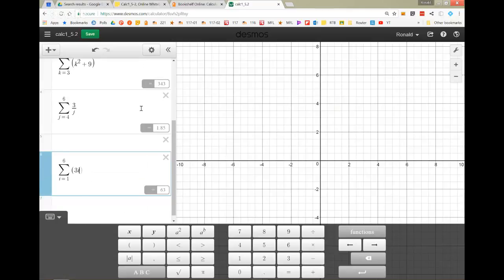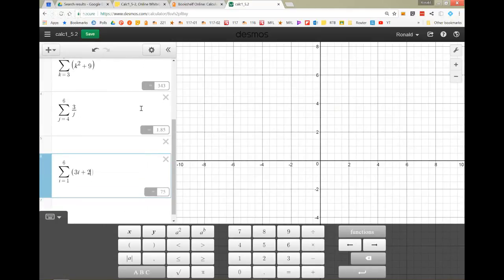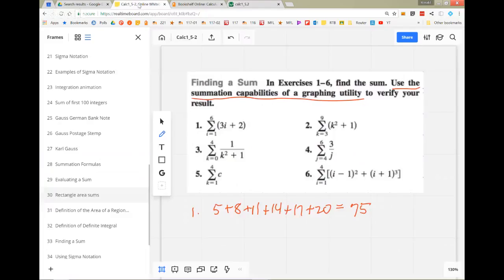And you notice right here, there's the answer, 75. So I encourage you to use Desmos to, like they said, verify, and 75 is what we got as our answer. Okay, let's do another one up here. Let's do number 4.